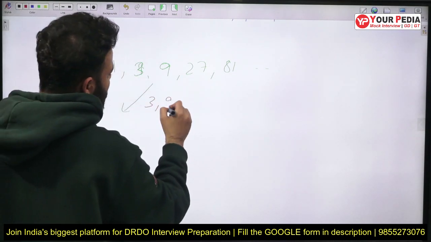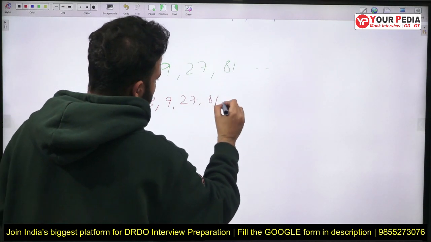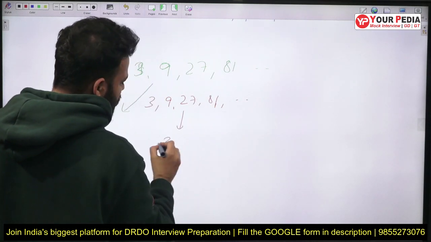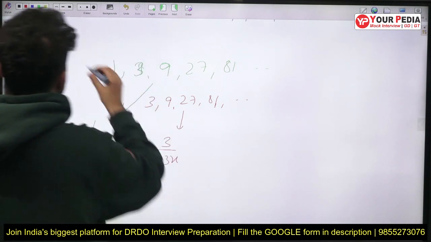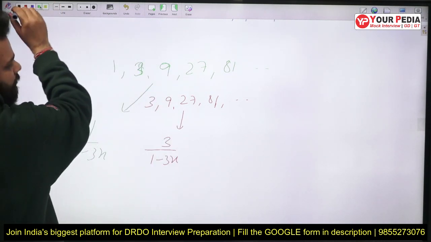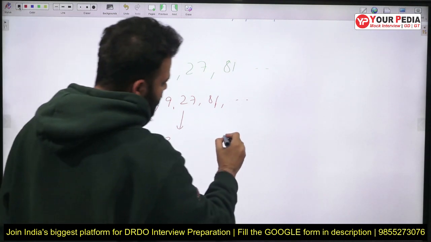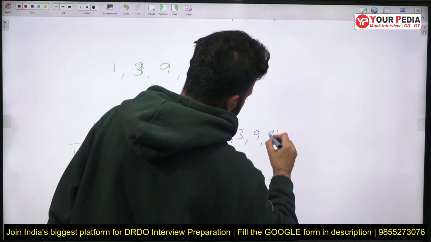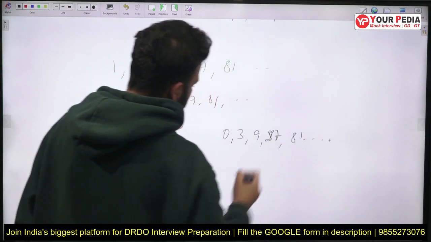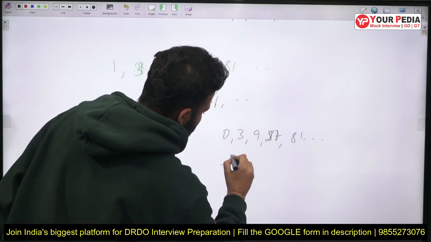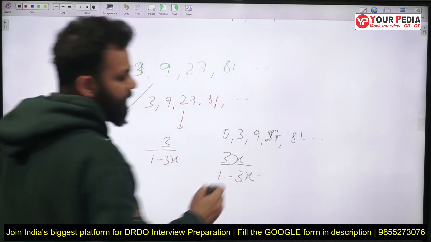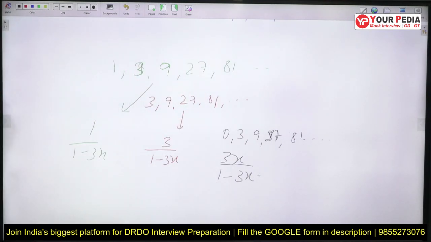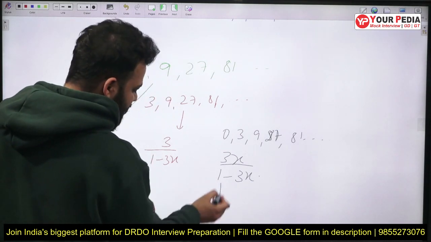For simple 3, 9, 27, 81, and so on, the generating function came out to be 3 by 1 minus 3x. And if you do 0, 3, 9, 27, 81 and so on, the generating function came out to be 3x over 1 minus 3x. So this is how the generating function changes as you apply more operations to it. Now we will be doing some more examples of the generating function.